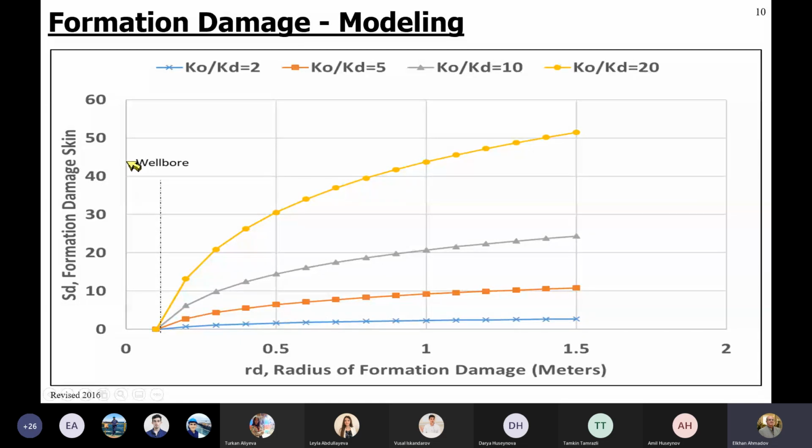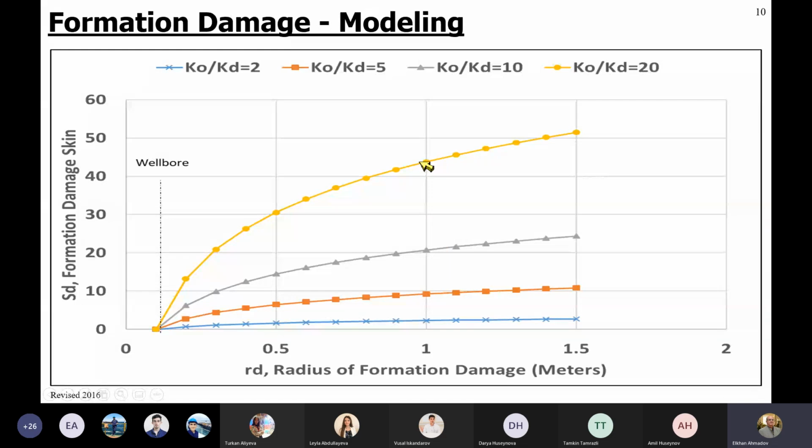Okay. But when the reduced permeability is less than the original permeability by 2 times, or half of the original permeability, then as we go further from the wellbore, or as the damage radius increases, the increase in the skin is not as severe as in the higher damage cases.